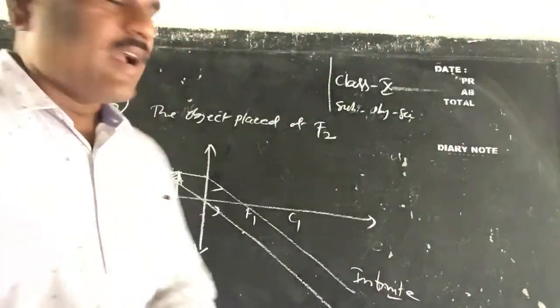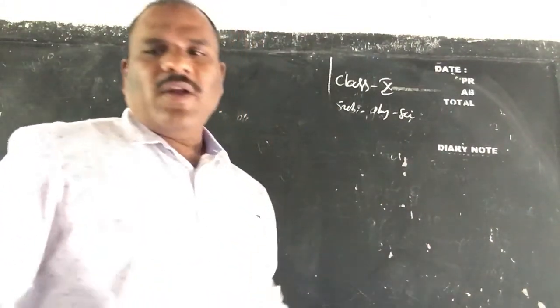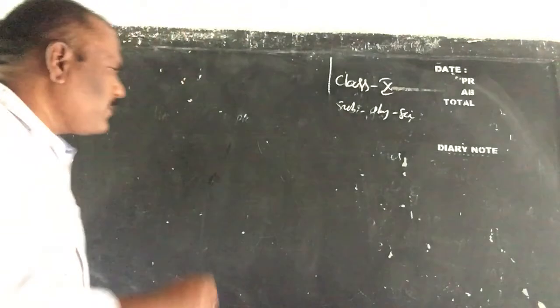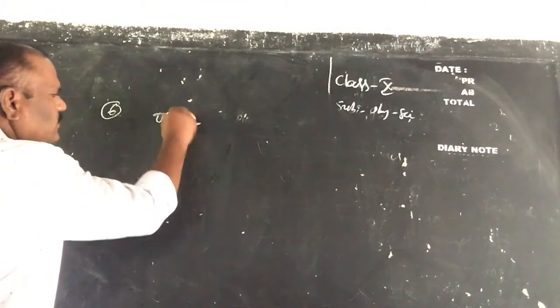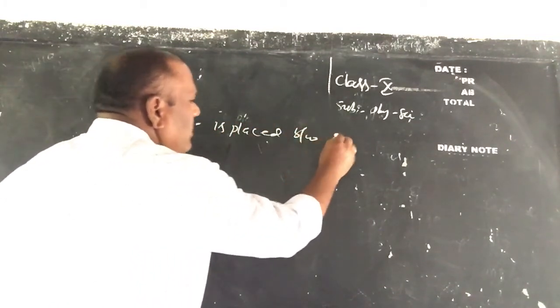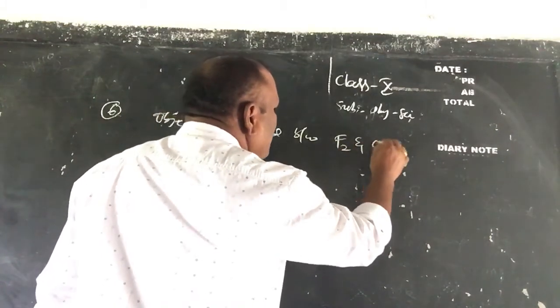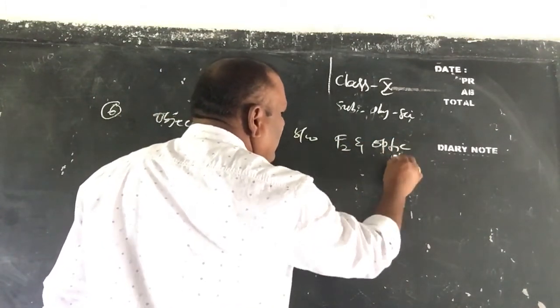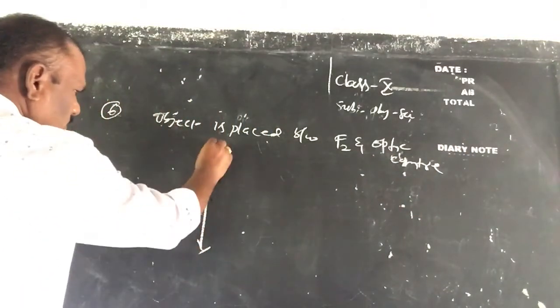And the last one, children, the sixth ray diagram, when the object is placed between the optic center and focal point, between F2 and optic center. So now, see here.